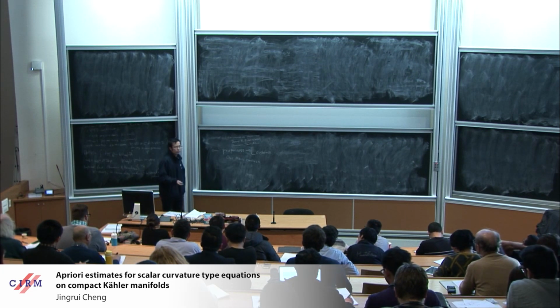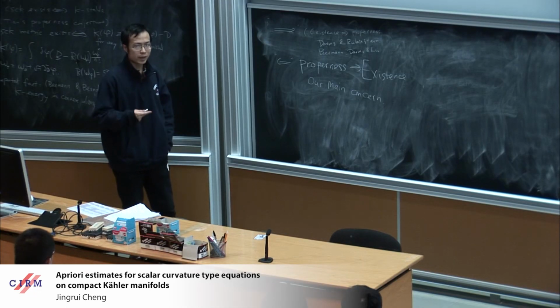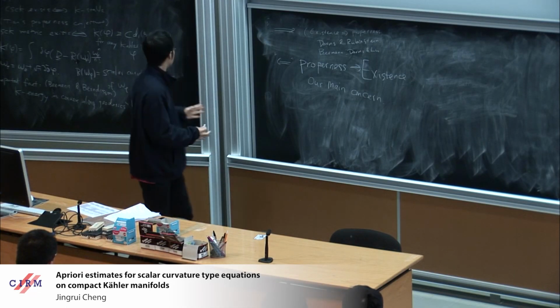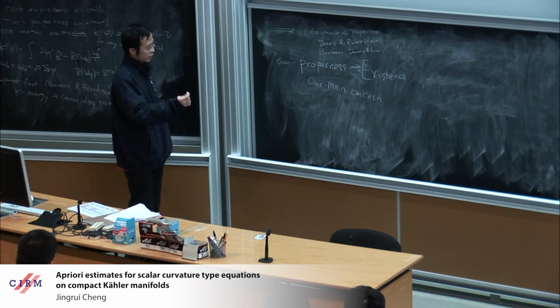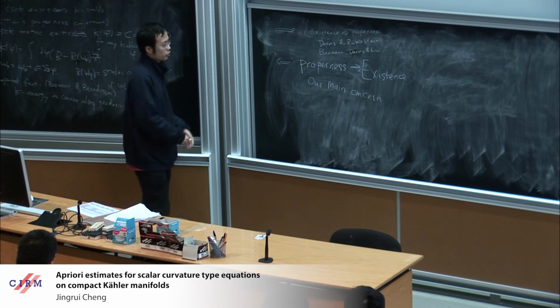The proof of existence is by the continuity method, where you come up with some continuity path and you deform the cscK equation to an equation for which you know the solution.